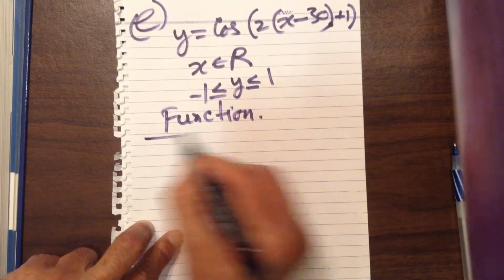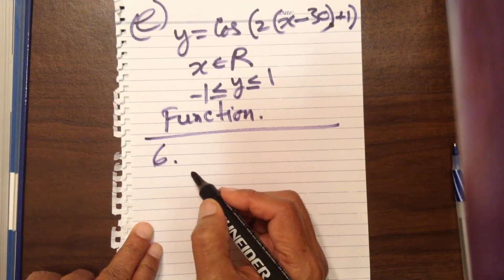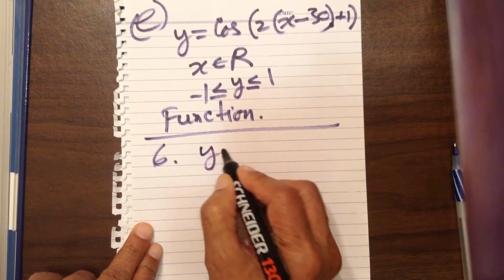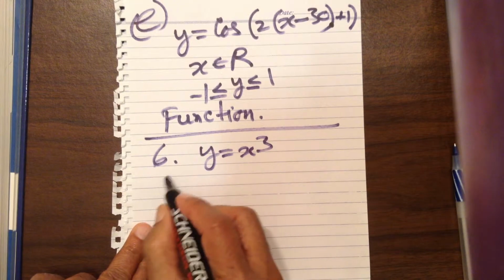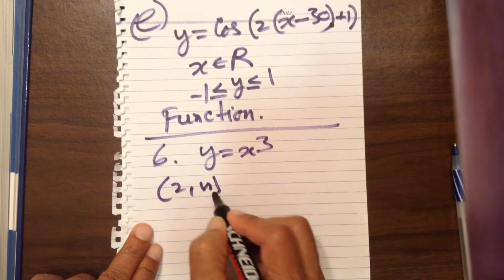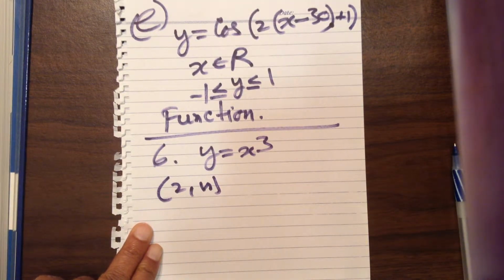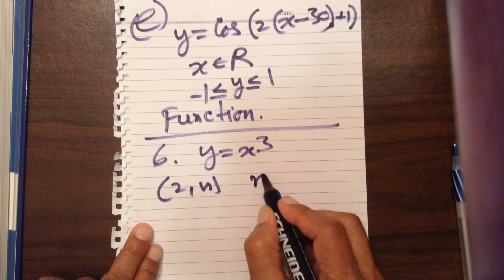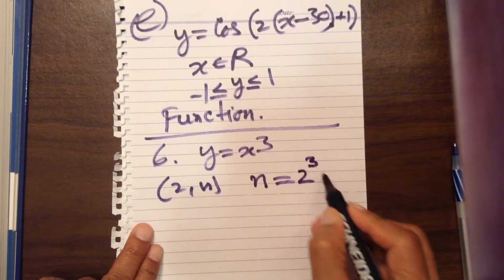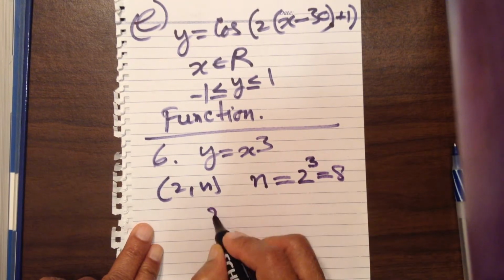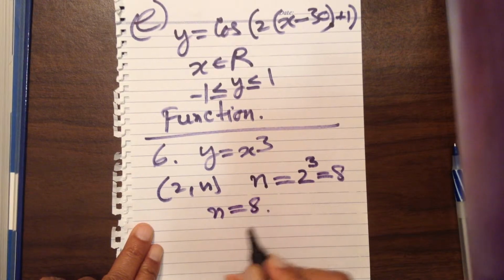Okay, let us do question number 6. y is equal to x cubed. If (2, n) is a point on the graph, determine the value of n. So we replace y by n and x by 2. So this is 2 to the power 3, which is equal to 8. So n is equal to 8.